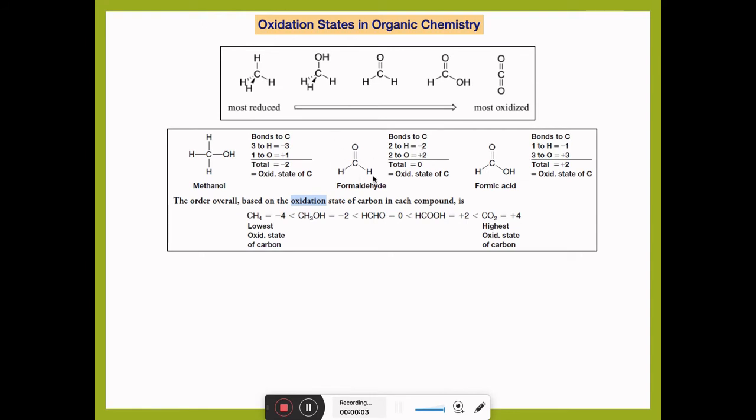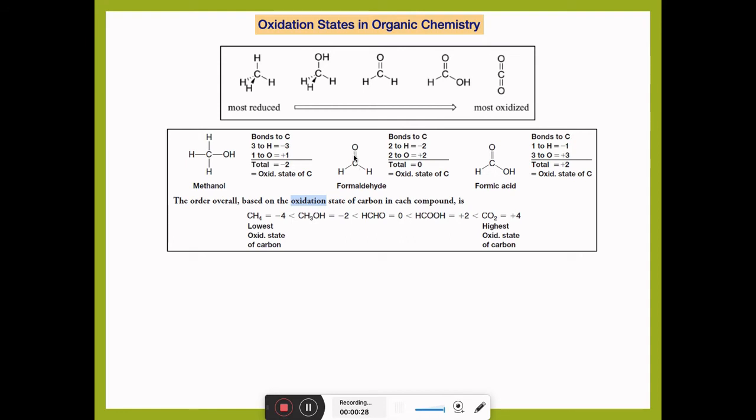Let us see another example for calculating the oxidation state. This is formaldehyde. In that we have 2 hydrogens and 1 carbonyl. With respect to electronegativity difference, the charge on the carbon due to the 2 hydrogens is -2, and as oxygen is more electronegative, it will contribute a plus charge on carbon.